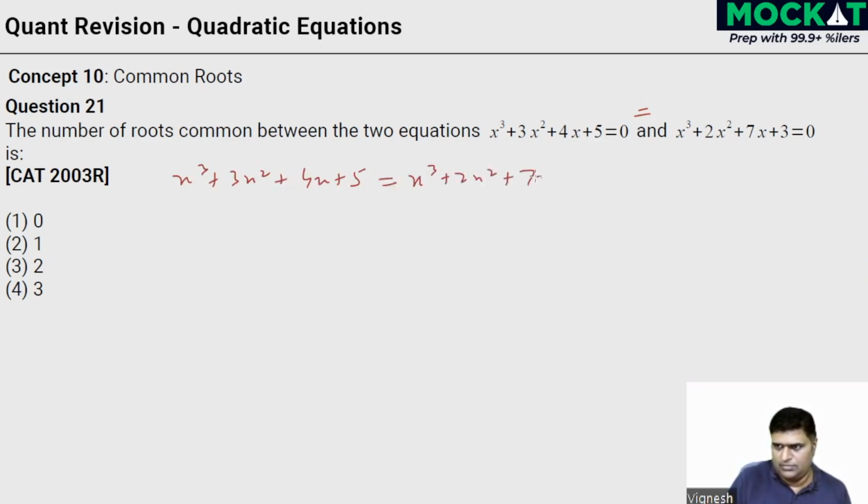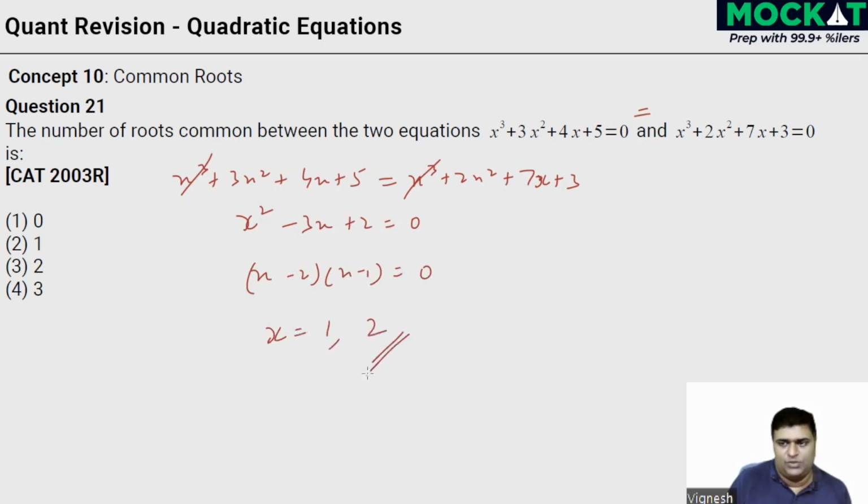So 7x plus 3. X cube is cancelled. Bring the 2x square. It's x square minus 3x plus 2 equals 0. It's x minus 2 into x minus 1 equals 0. X equals 1 and x equals 2 are the intersection points of these two.